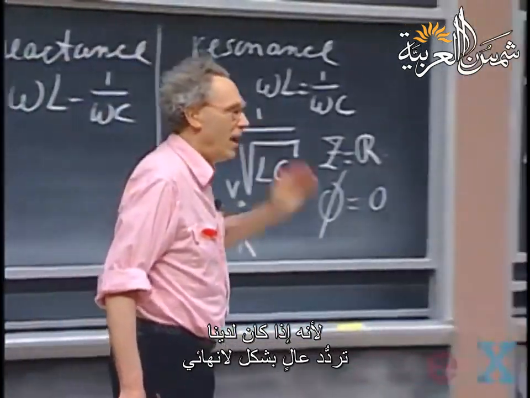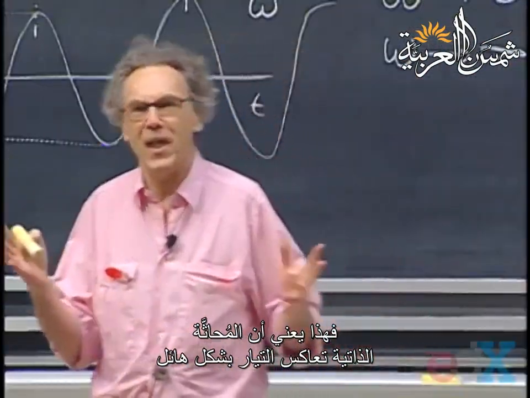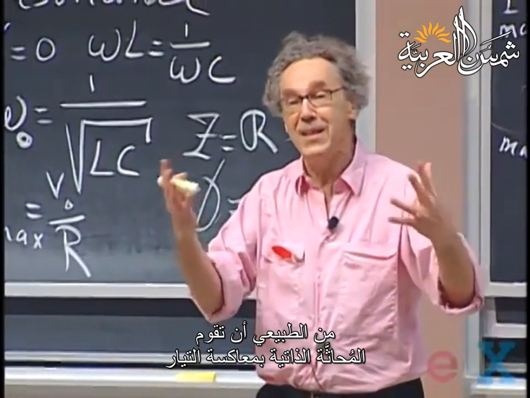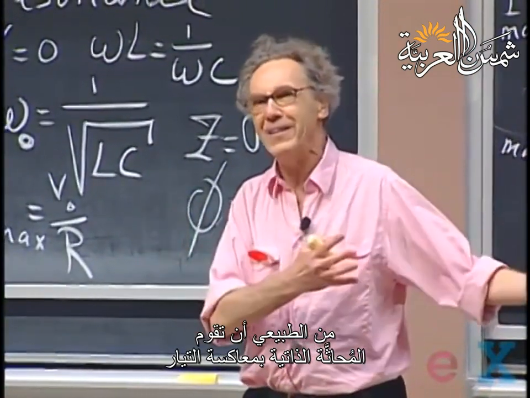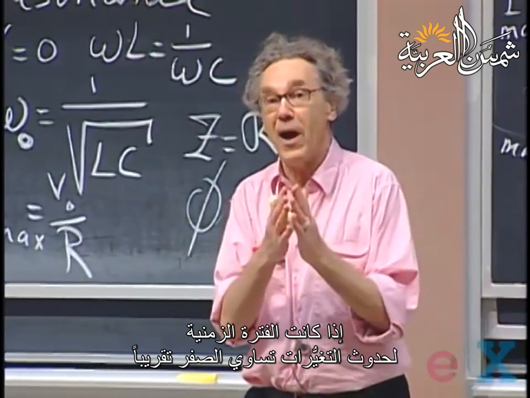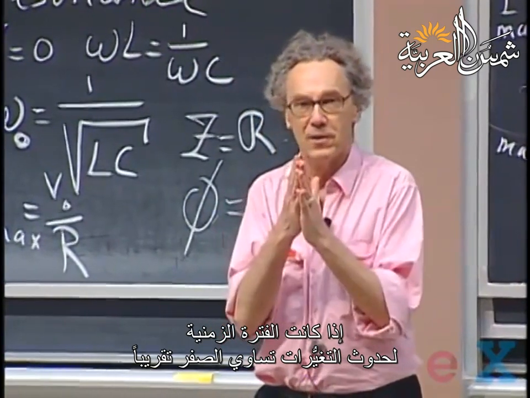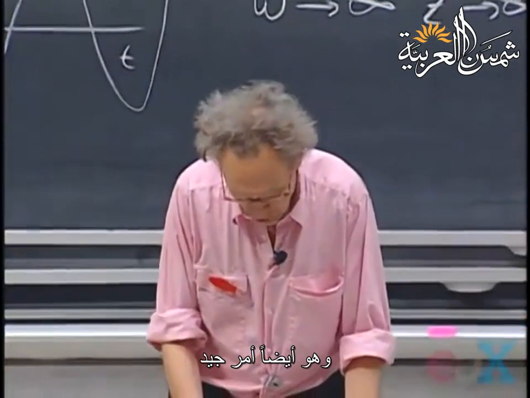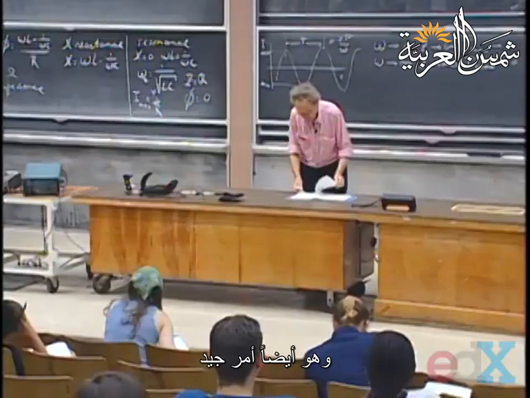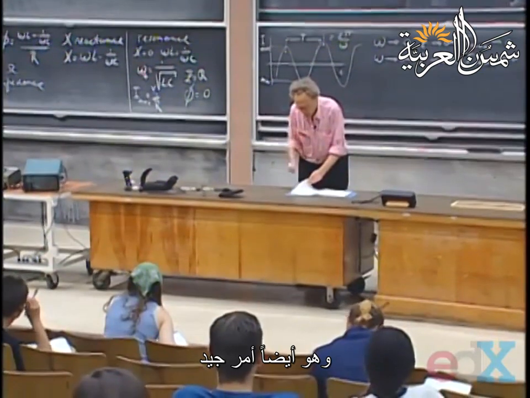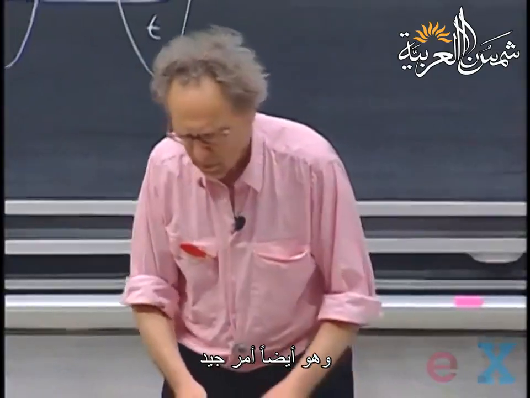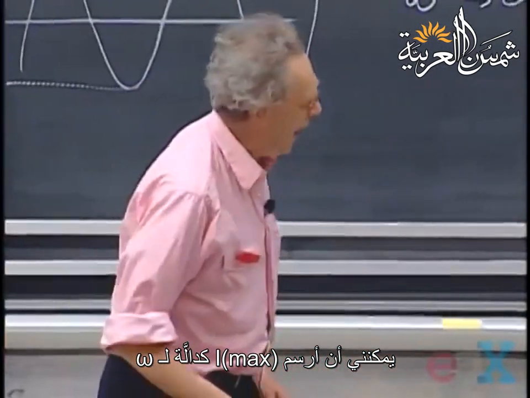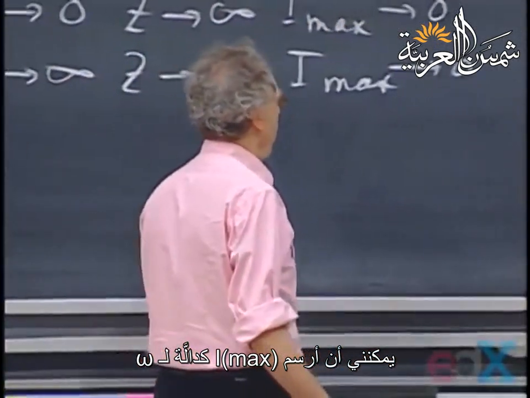Because if you have an infinitely high frequency, that means the self-inductance puts up an enormous fight. That's ideal for a self-inductor, to fight currents if the time over which the changes occur goes to 0. And so then again, it says, sorry, you can't have any current. So that's also intuitively pleasing, that the self-inductance then becomes the dominant factor. And so what I can do now, I can plot the Imax as a function of omega.